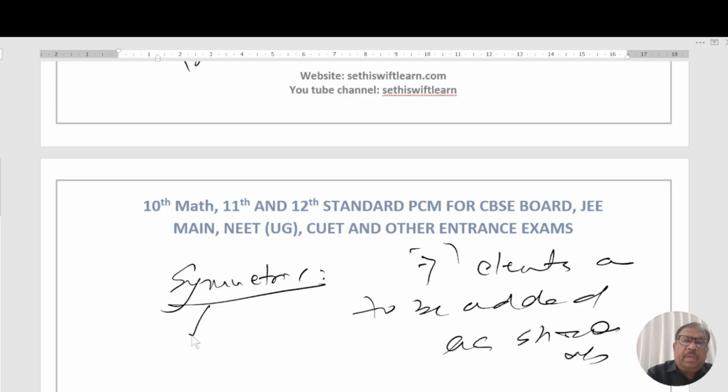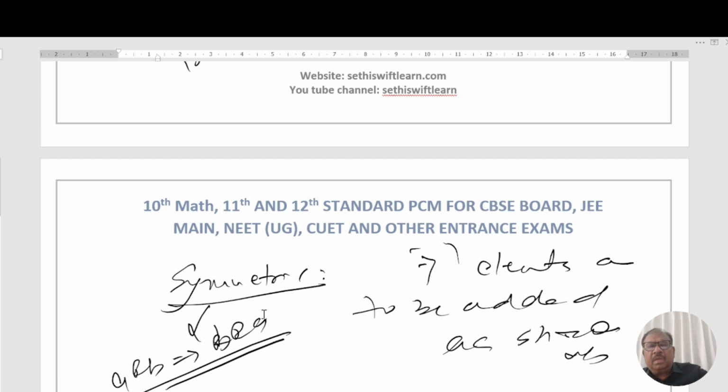Symmetric में क्या होता है? A R B then B R A. ये condition satisfy हो. First of all, we make the relation satisfying the given condition 2x less than equal to 3y. उसमें हमारे 18 elements आ गए. Next part was to make it symmetric. To make it symmetric in this condition, फिर वो condition को हम नहीं check करेंगे. We will make the A R B then B R A. उसमें 7 elements add करना है.